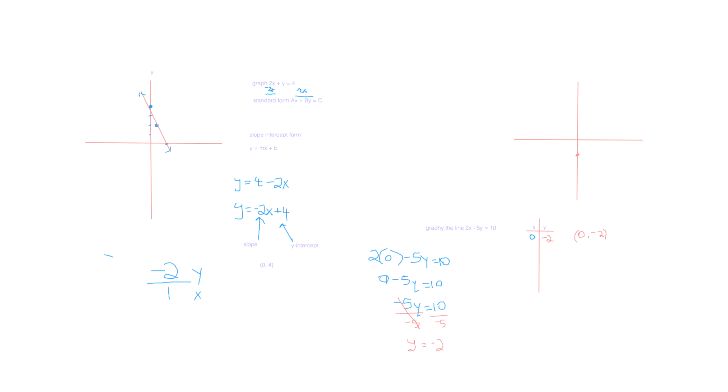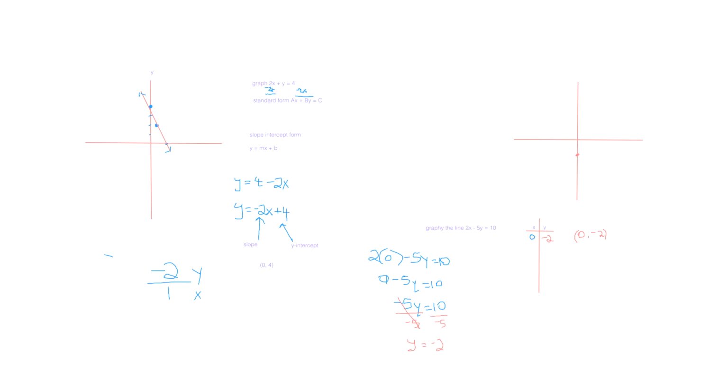We didn't really pick a specific point. We kind of just put it into the slope-intercept form, and then we graphed the y-intercept and just used the slope. So what was your slope-intercept form equation looking like?